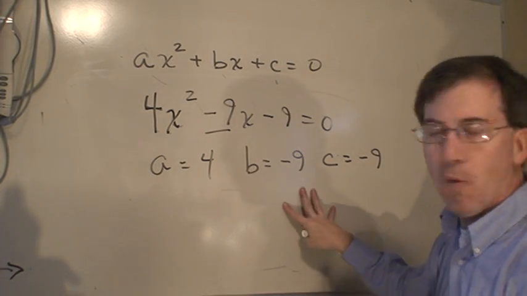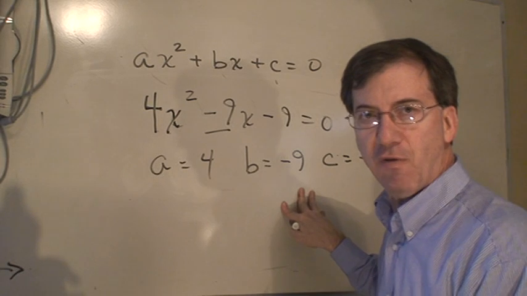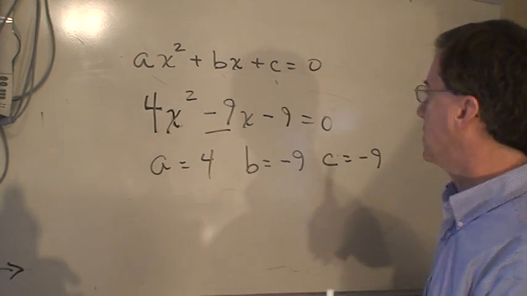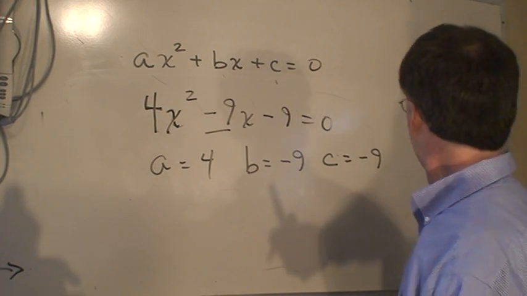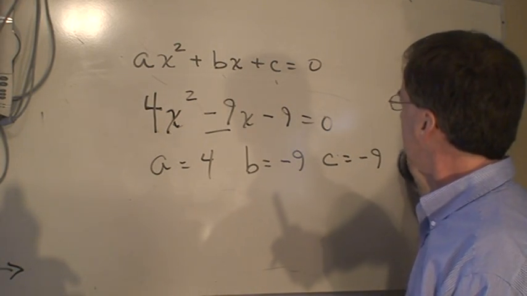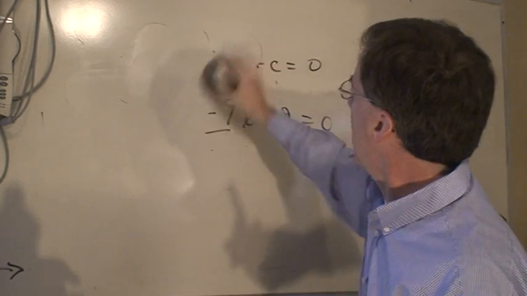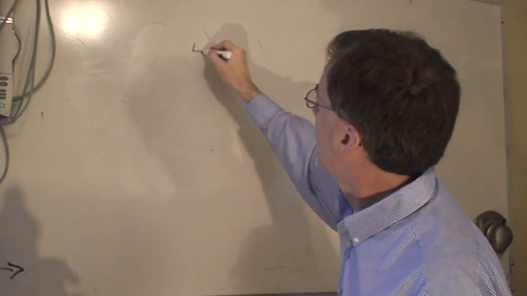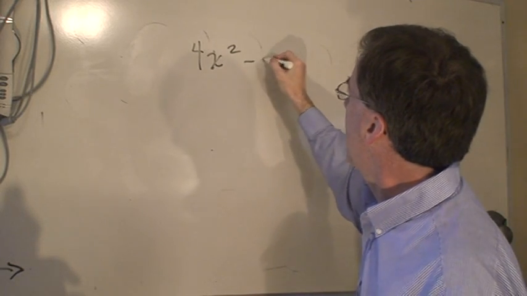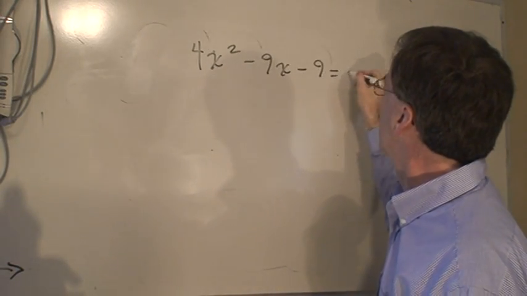Okay, so now we're going to plug this into the quadratic formula and see what it gives us. I'm going to erase this and put my problem back up here. Remember, this is what we're dealing with: 4x squared minus 9x minus 9 equals 0.